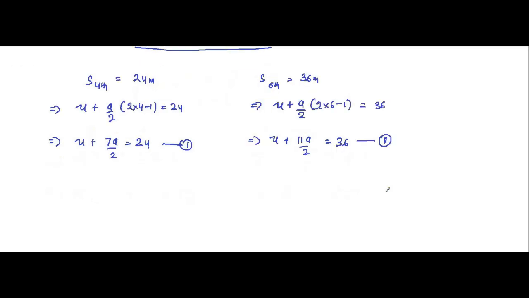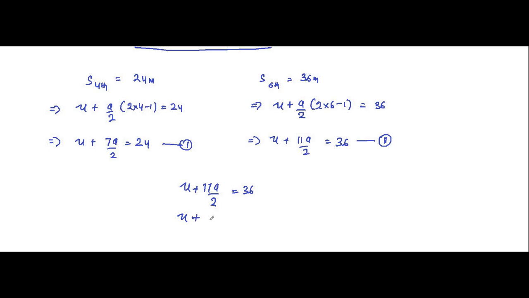So subtracting 1 from 2, it will be u plus 11a by 2 equals 36. By mistake I have written here 7, this one is 11a by 2.